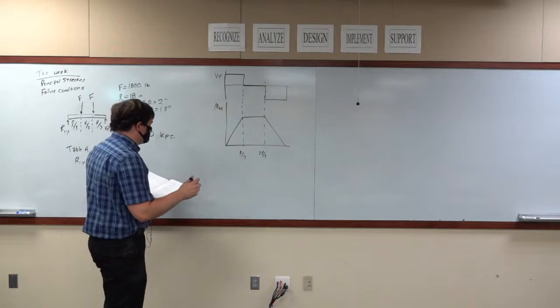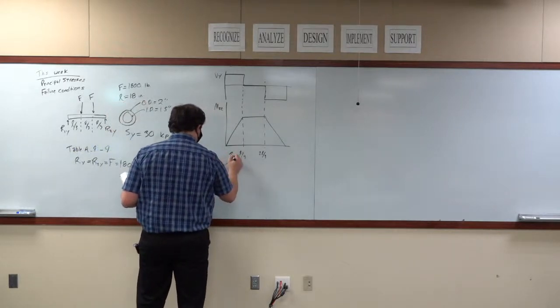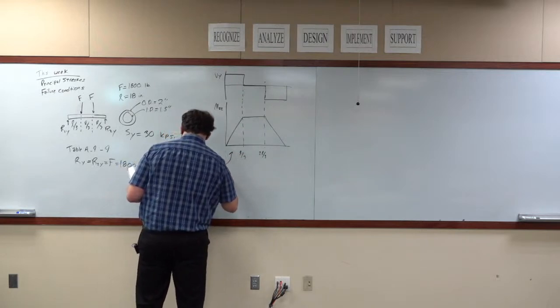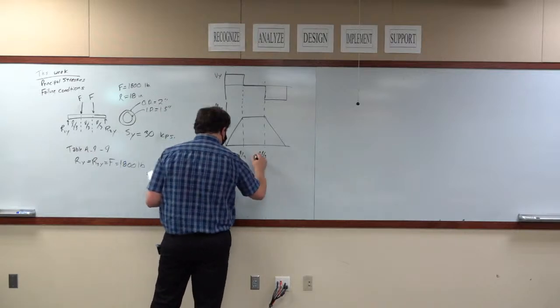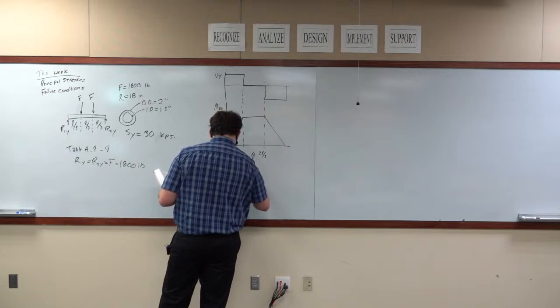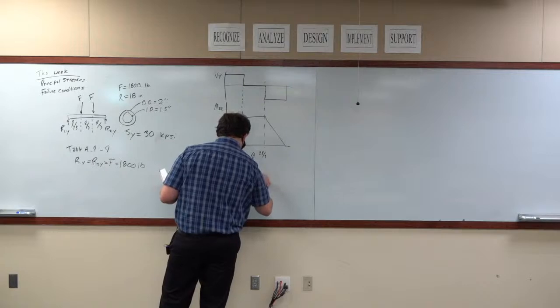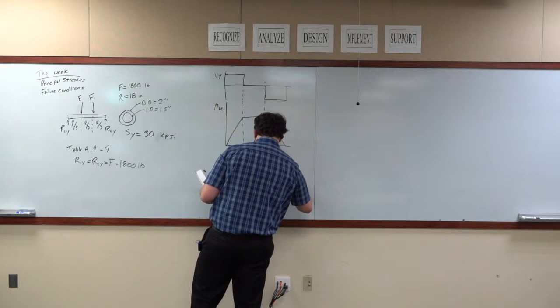Here, the moment equation is Mzz is equal to F times x. Here, the moment equation is Mzz is equal to F times L over 3. And here the moment equation is Mzz is equal to F times (L minus x).